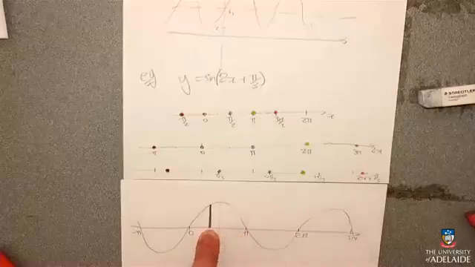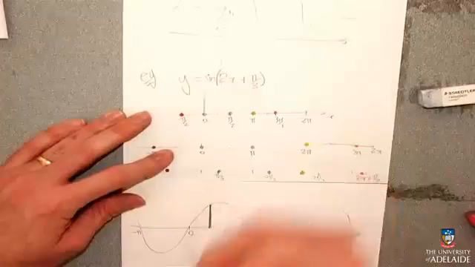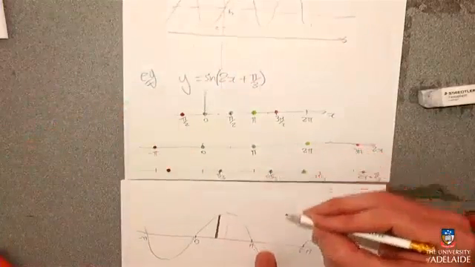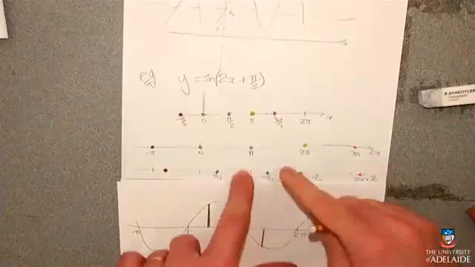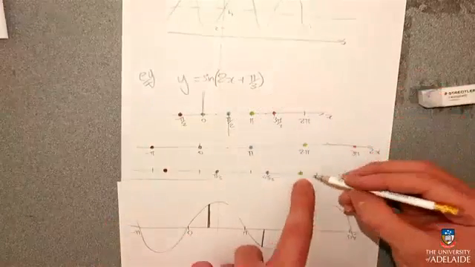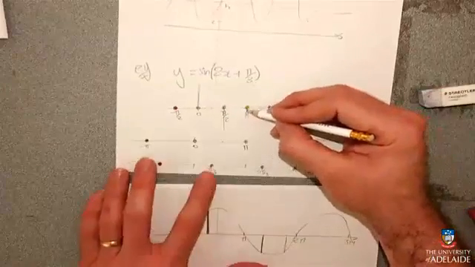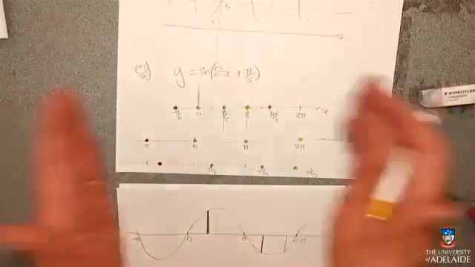And so when I go back to my original, that's here. And this value here, 4 pi on 3, belongs originally to this pi on 2. And this green one belongs originally to this pi. And so what I'm getting is a shrunk-in graph.